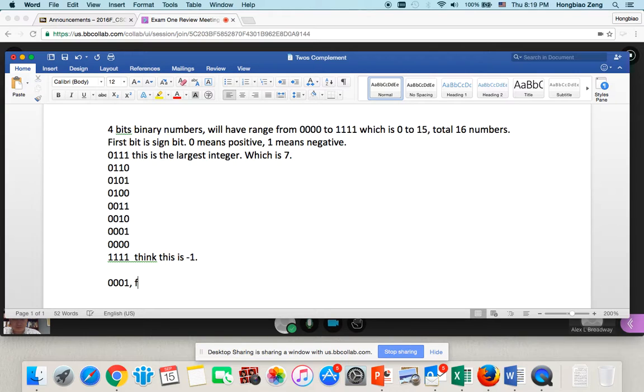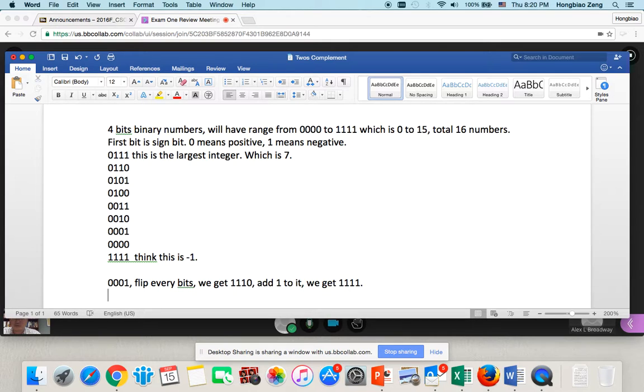If I flip every bit, we get 1110. Then add 1 to it, so we get 1111. So 0001 is 1, and its two's complement is negative 1, which is 1111. This is negative 1.